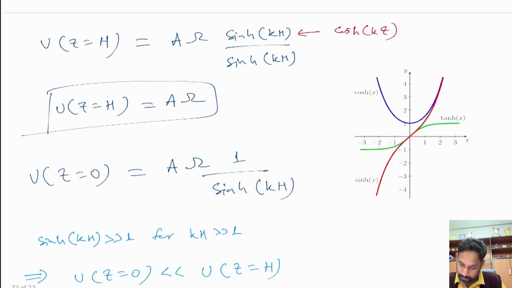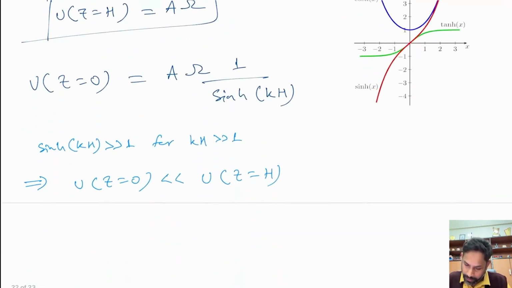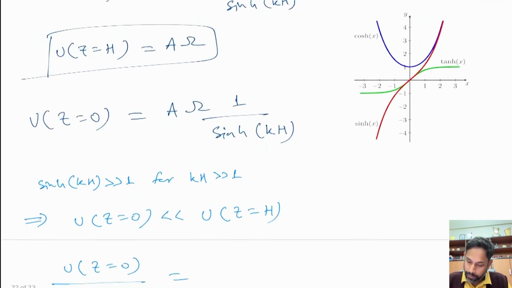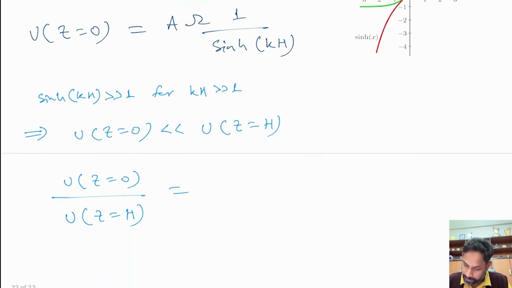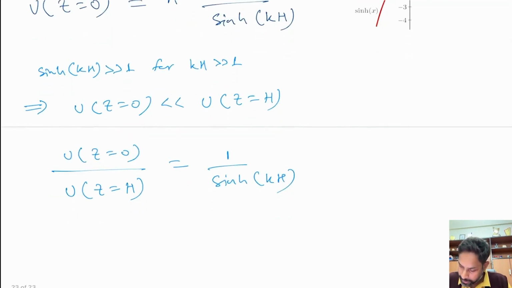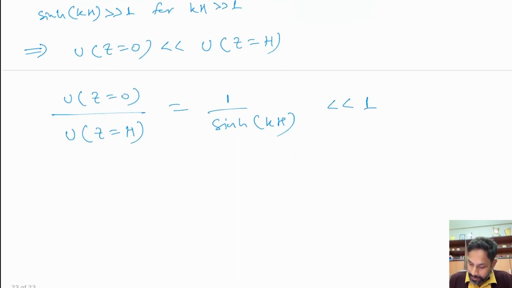Or in other words, what we can do here is u at Z equal to 0 over u at Z equal to H. If we divide it, a omega cancels out, and what we get here is 1 over sine hyperbolic of KH, right? Where sine hyperbolic of KH is much greater than 1. That actually means that this value is much smaller than 1.